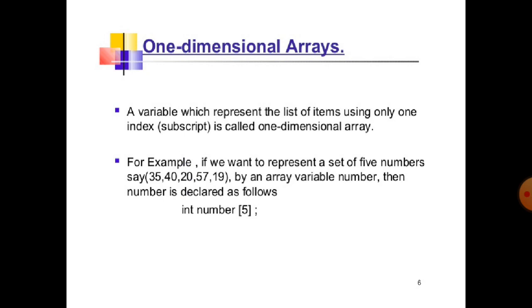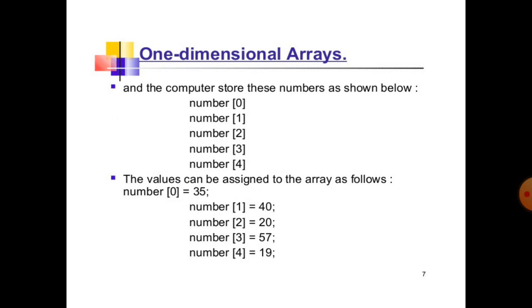For example, if you want to represent a set of 5 numbers, say 35, 40, 20, 57 and 19, by an array variable number, the number is declared as follows: int number[5]. Int is the data type, number is the array name, and 5 is the size of the array.